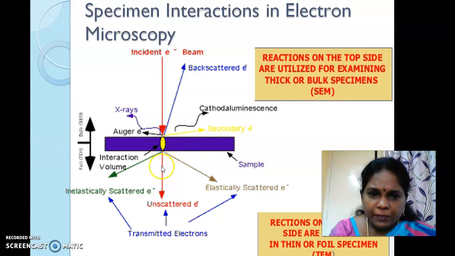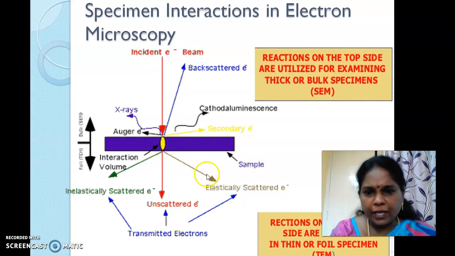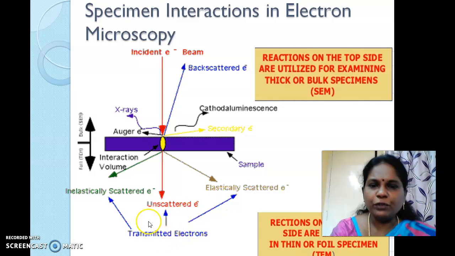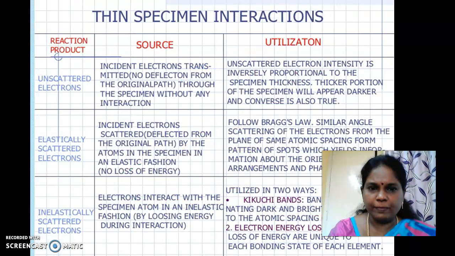Whereas the transmitted electrons sometimes may not interact with the atoms in the specimen, and unscattered electrons are produced, and some may get scattered elastically and inelastically. These are useful in transmission electron microscopy to analyze a thin or foil sample.